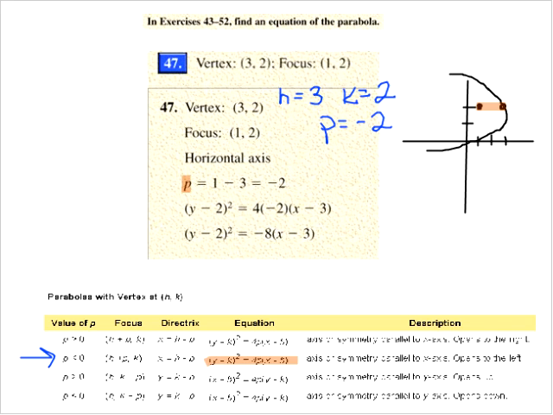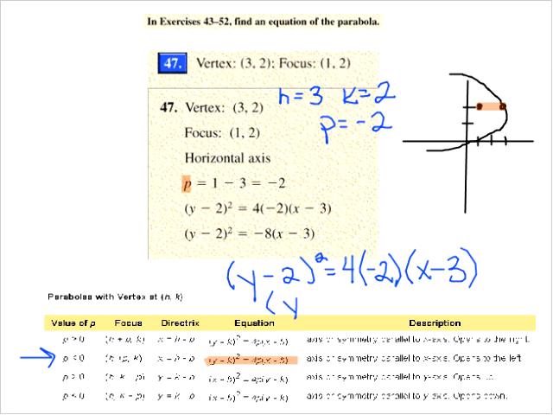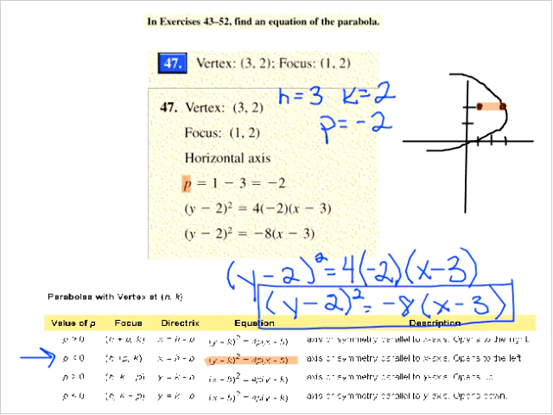So I would use y minus k, and we know that k is 2, equals 4 times p, we know p is negative 2, times x minus h, and h we know is 3. So really, if we want to simplify this a little bit to clean it up, 4 times negative 2 is our negative 8. So here's the equation that we can create, given that information.